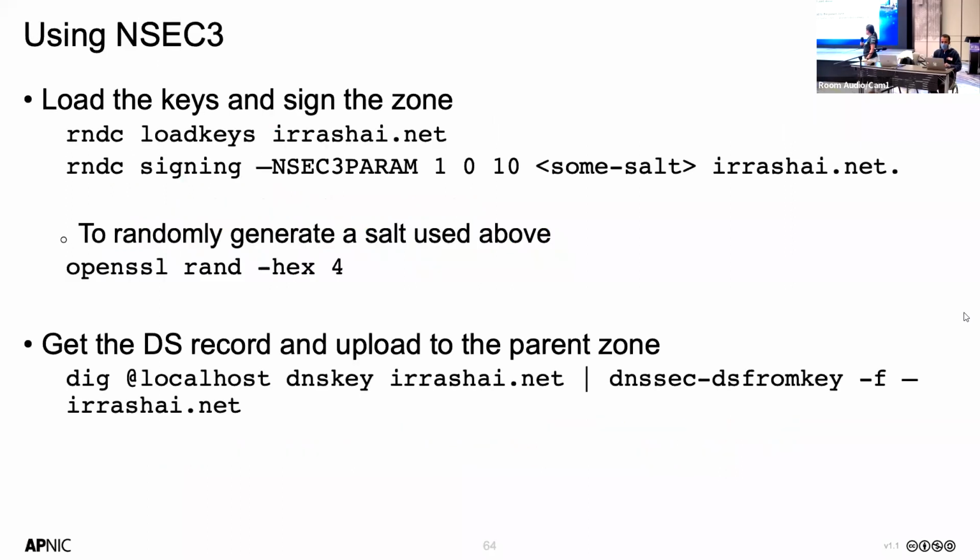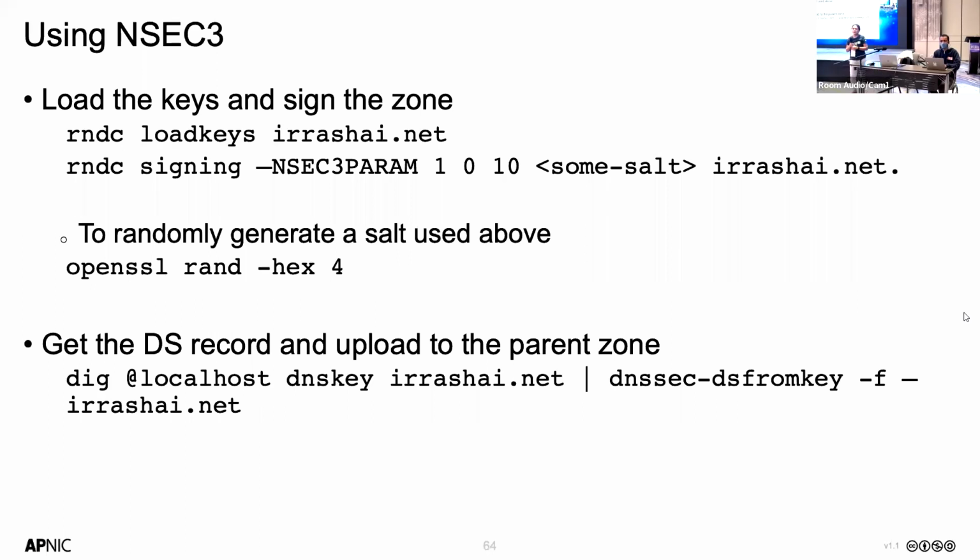Same thing if you're doing NSEC3, there are some minor changes when you're doing the signing. You'll have to specify NSEC3 parameters there and provide some salt that will then be used to sign.